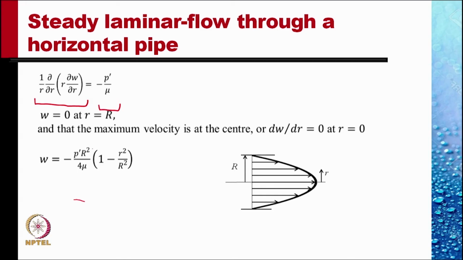This is the maximum velocity, W max or V max, as we noted earlier, capital V max. And V average is 1/2 of this. The average velocity in the z direction is minus p prime R square by 8 mu. The minus sign because p prime has to be negative for the flow to take place towards the right.